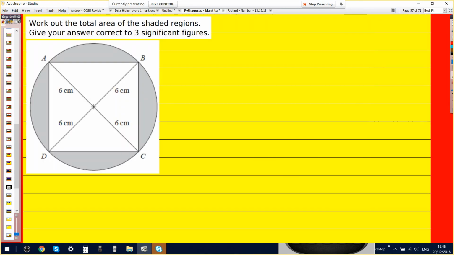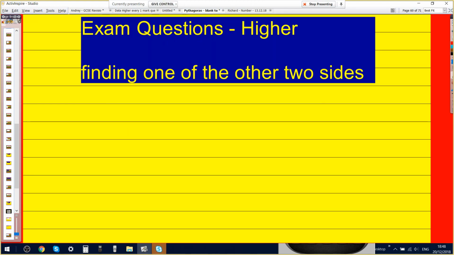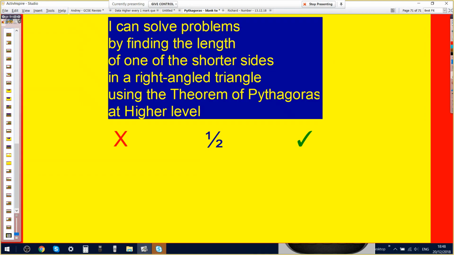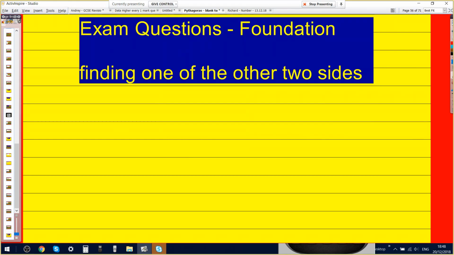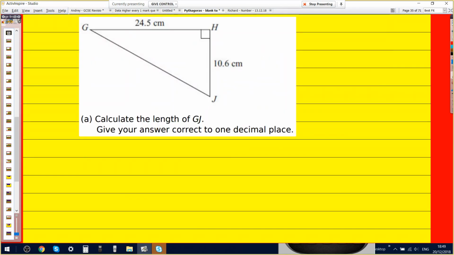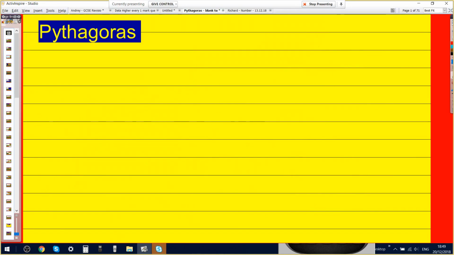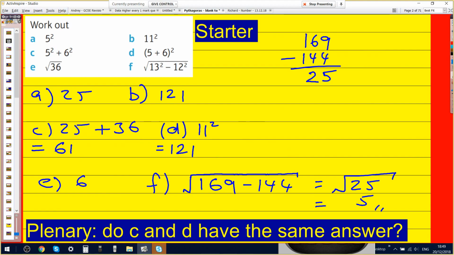So this one, okay. Mostly higher. Okay, I'll do a recap. Okay, Pythagoras.